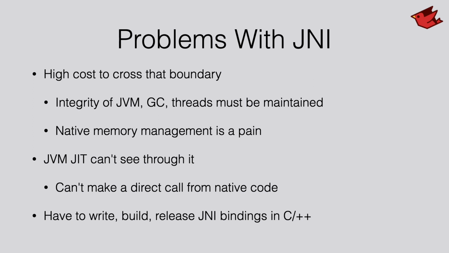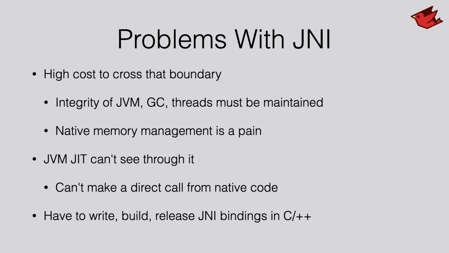It has to assume that it's a blank slate. It's an opaque call down into native code, and so it can't inline code, can't make those calls fast. And it's just a part of the design and part of the way that JNI works to isolate native code from the JVM. And then, as I mentioned, you still have to write and build and release these JNI bindings. We don't want that either.